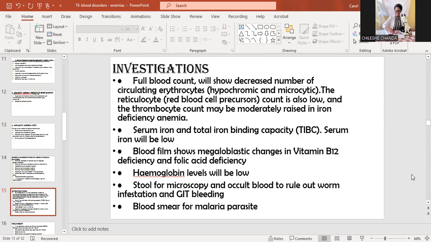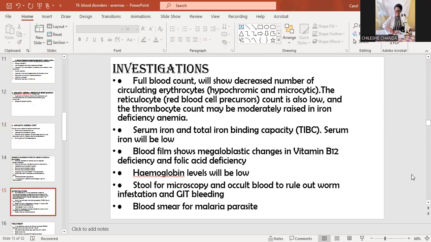And if this blood is digested or occult, meaning the stool will look darkish in color, that is known as occult blood. That means the patient may be bleeding from somewhere upper in the GIT, for example, in the stomach or the duodenum. And so this blood has been partially digested.